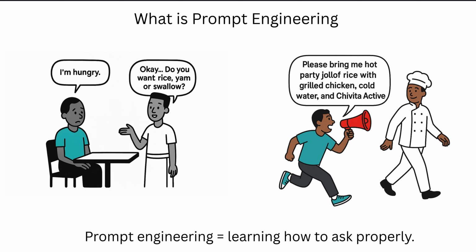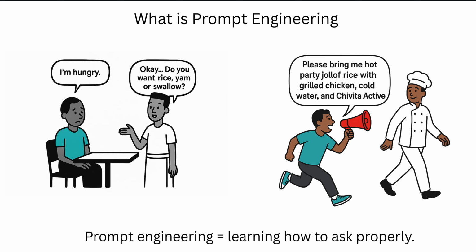If we look at these two images, we're going to see two scenarios at play here. The first one, the man looking very humble, obviously very hungry, and the second one, a more agile person. In the first image, the man is telling the waiter or the chef, I am hungry.